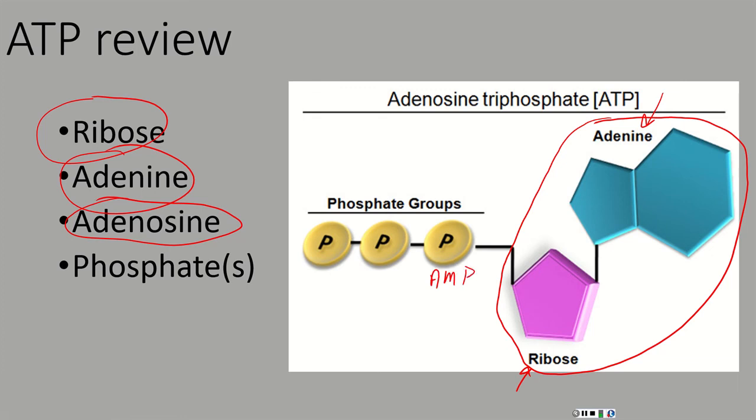If we add another phosphate group, we call it ADP, adenosine diphosphate. And if we have 3 phosphate groups, as we do here, we call it ATP, adenosine triphosphate. And that's what this chapter is interested in.